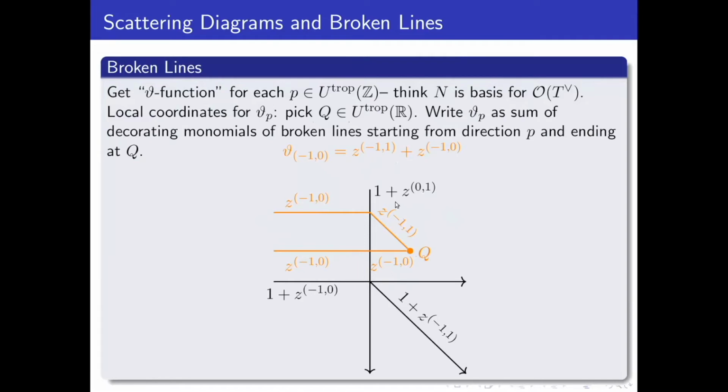These broken lines really come from tropicalizing holomorphic disks, or at least conjecturally, they're heuristically supposed to correspond to tropicalizations of holomorphic disks, so-called Maslov index 2 disks, and bends at walls, at least heuristically, should correspond to gluing in Maslov index 0 disks.